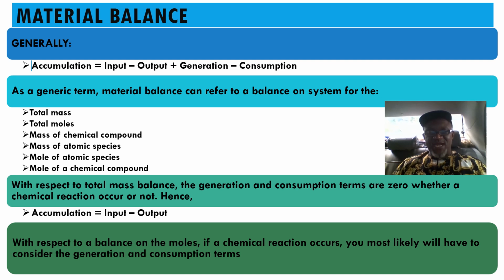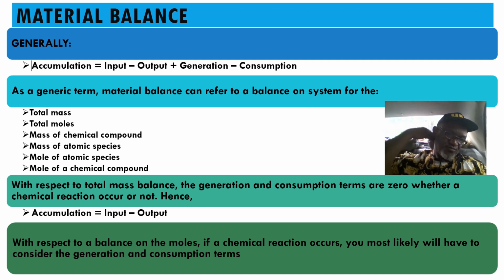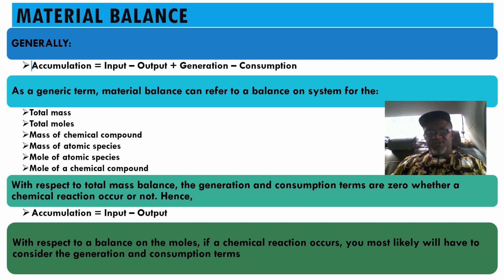Again, with respect to balance on the moles, if a chemical reaction occurs, you most likely will have to consider the generation and consumption terms. So if chemical reaction occurs, then we must consider the generation and consumption terms.